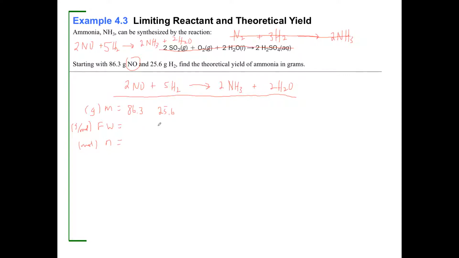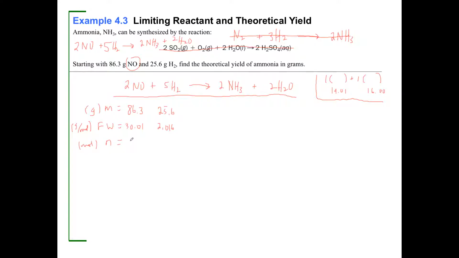The formula weight of hydrogen is 2.016. And nitric oxide is 1 times nitrogen plus 1 times oxygen, which is 14.01 plus 16.00 according to the periodic table on the inside of my front book. So this is going to be, looks like it's 30.01. All right, so the moles.